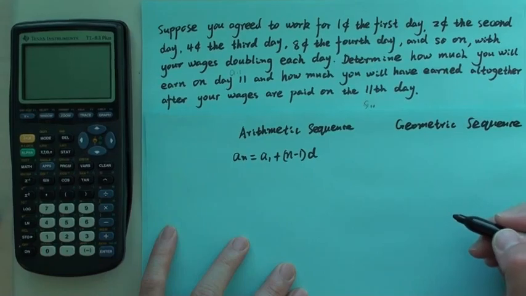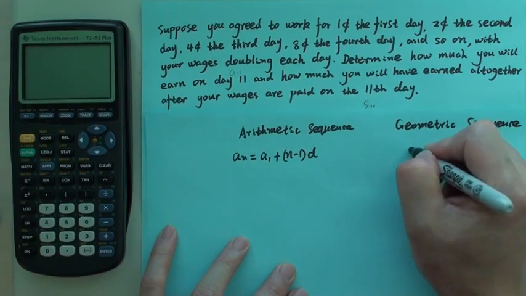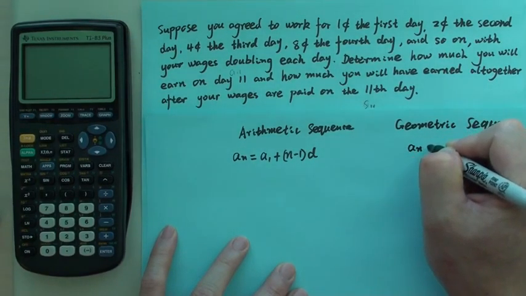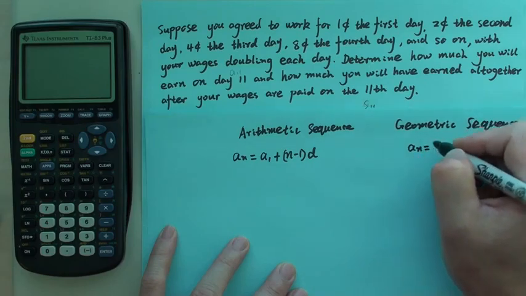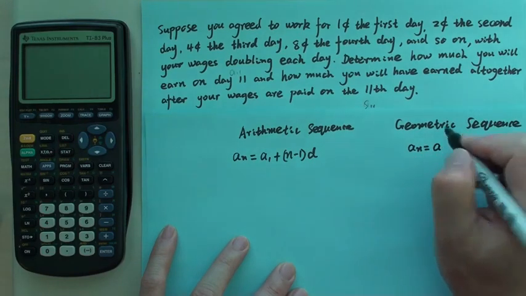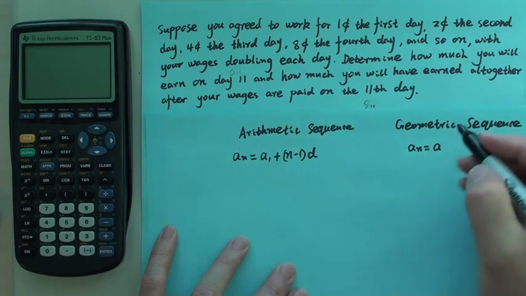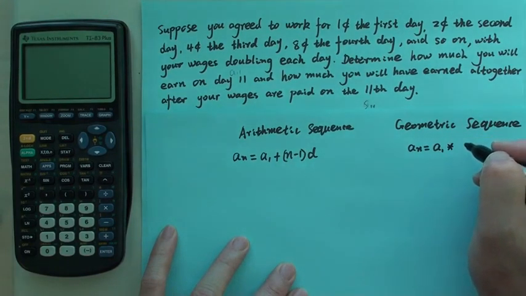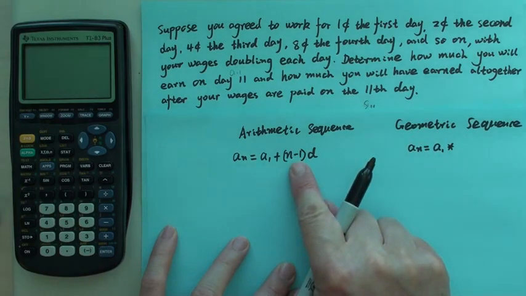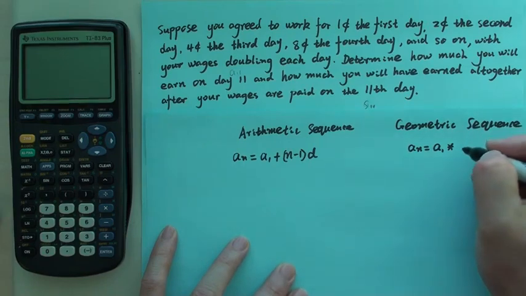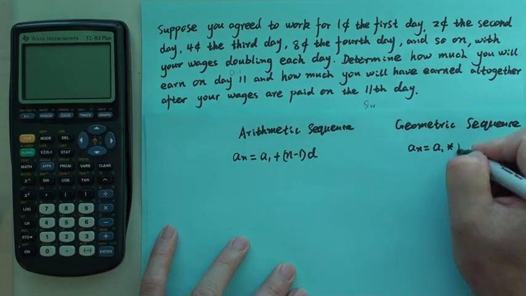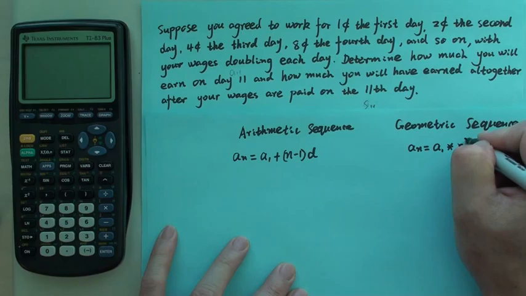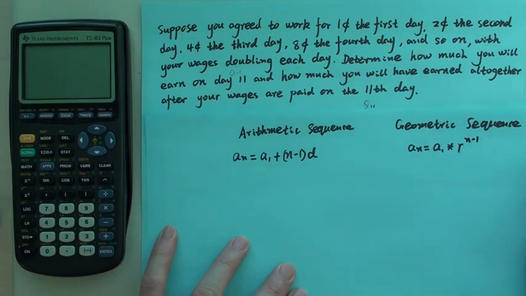The nth term of a geometric sequence is the first term, but here it was plus, here it is times. Here it was n minus 1 times d, and here it is the ratio to the n minus 1.